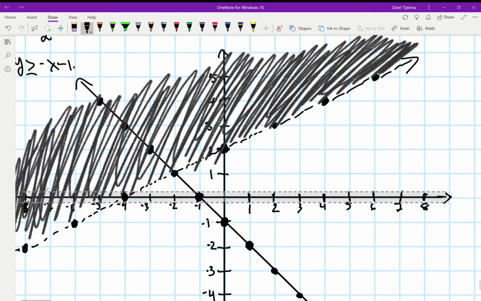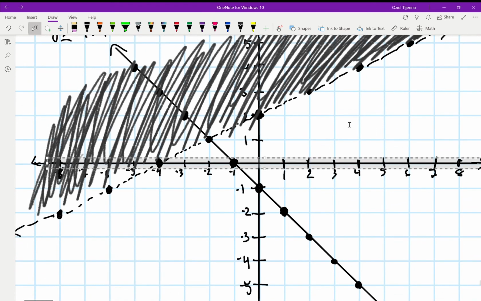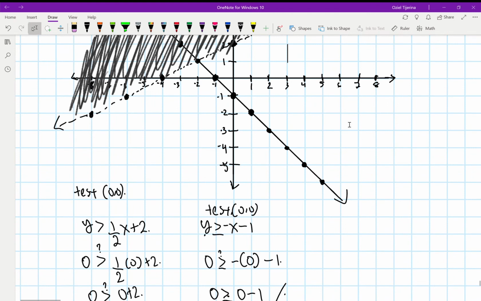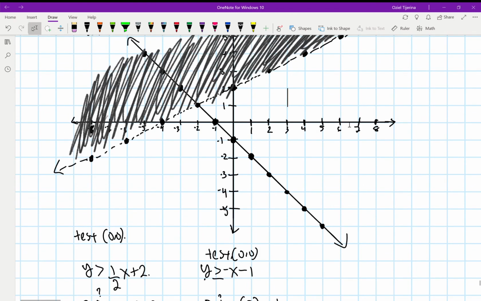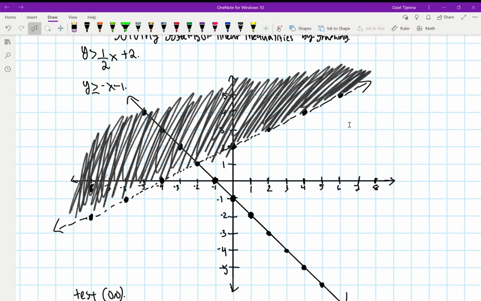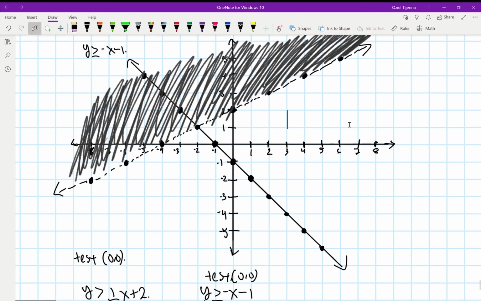Okay, so that means for this one that we shade, I think, above.